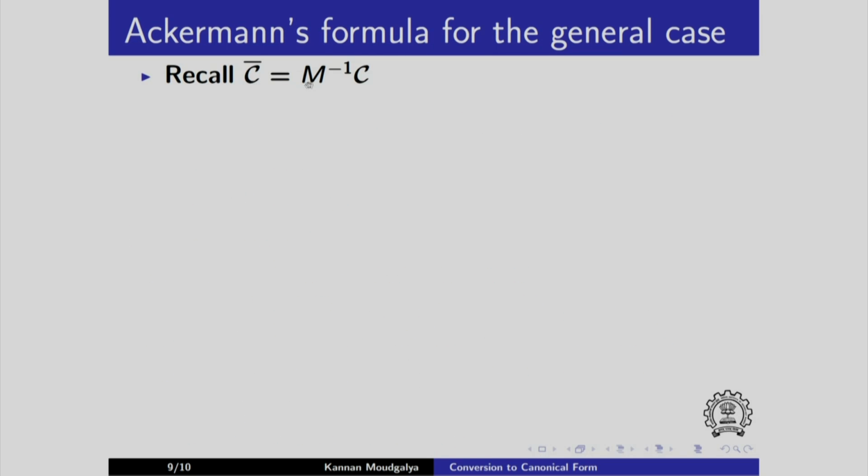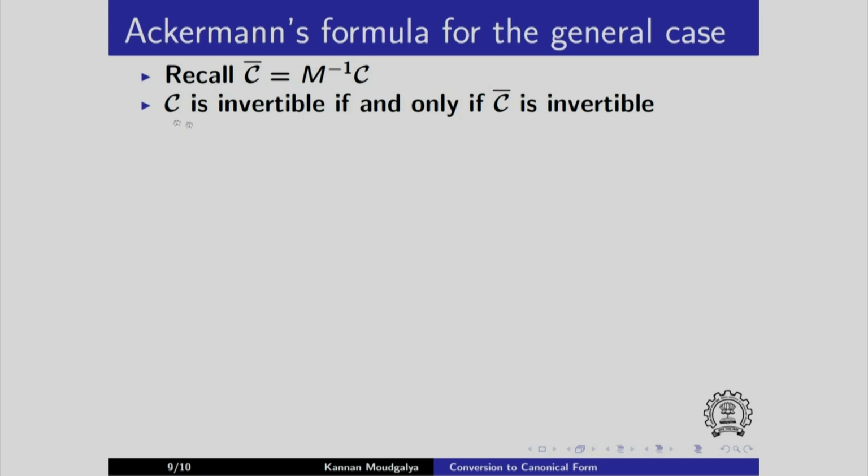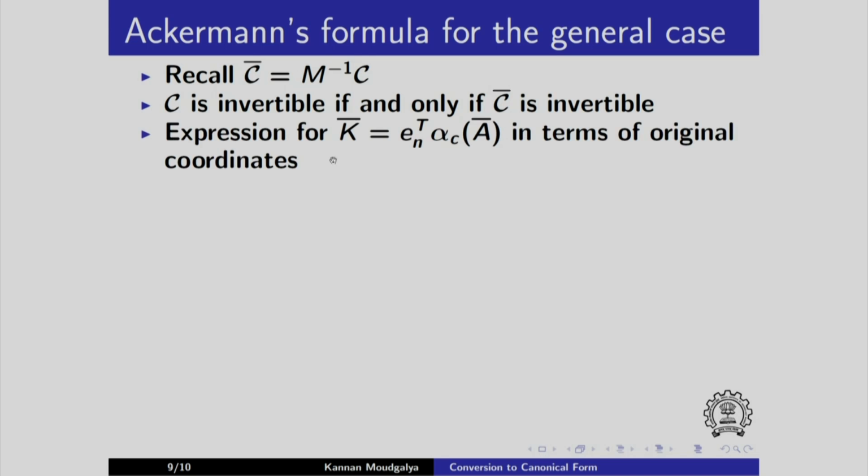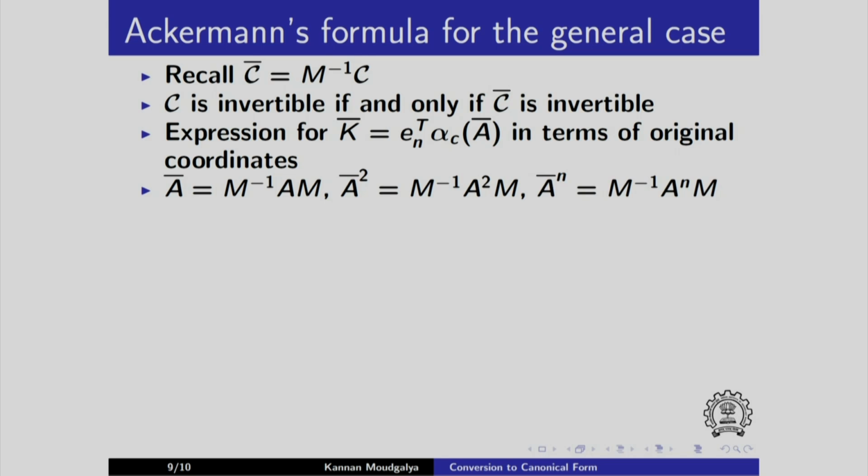So C bar equals M inverse into C. So C is invertible if and only if C bar is invertible. As I mentioned in the previous slide, I want to get K bar in terms of original coordinates, and recall the expressions for A bar squared, A bar to the power n and so on.